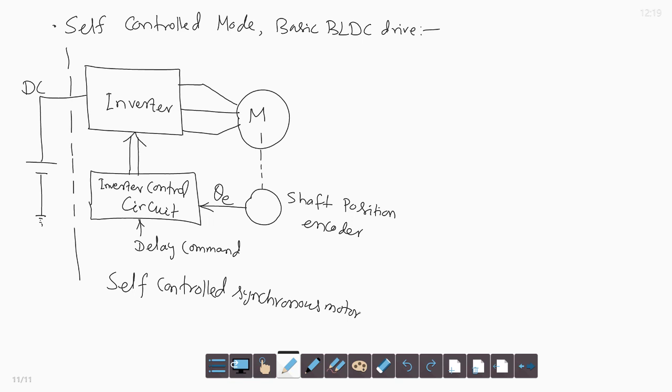So, in self control mode, the inverter frequency that goes to the stator is slave to the rotor position or rotor speed. For example, suppose the synchronous motor is driving a load at steady state. So, the rotor and stator MMF are in synchronism, and suppose the load is suddenly increased.